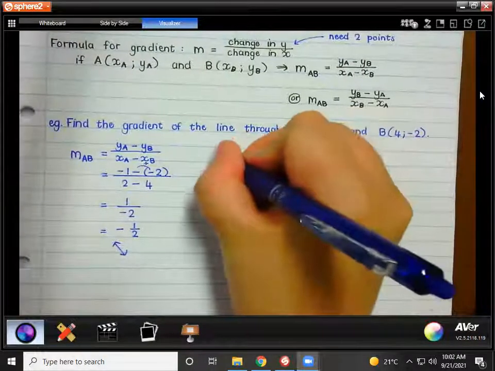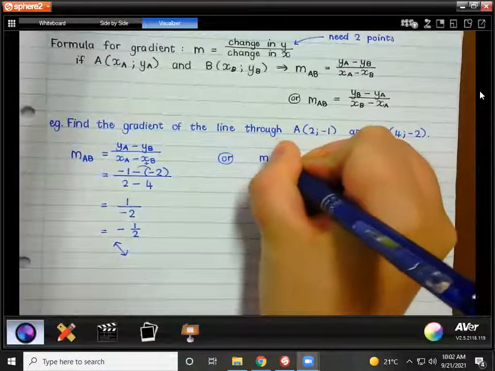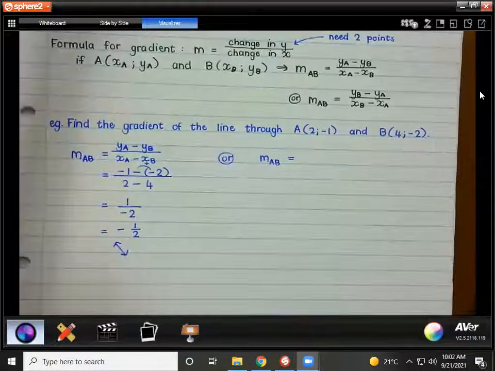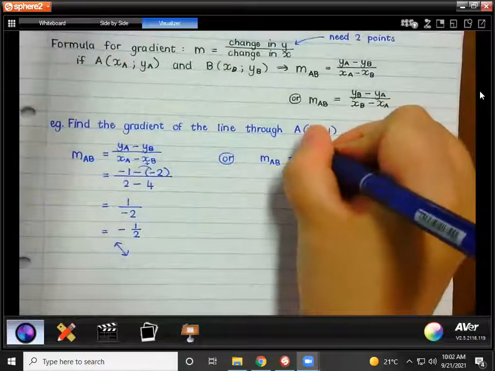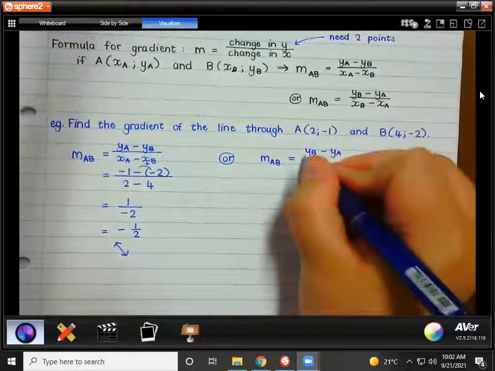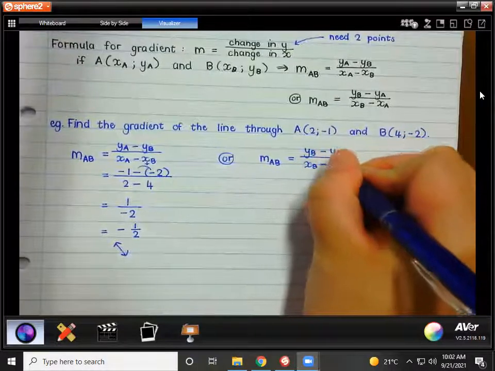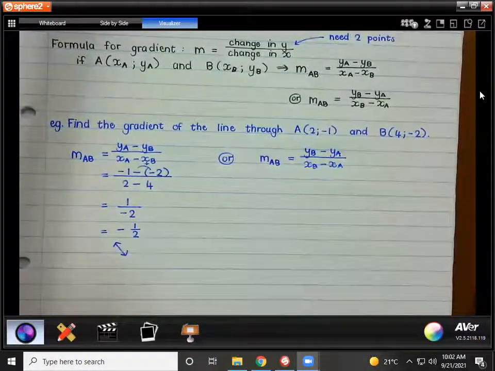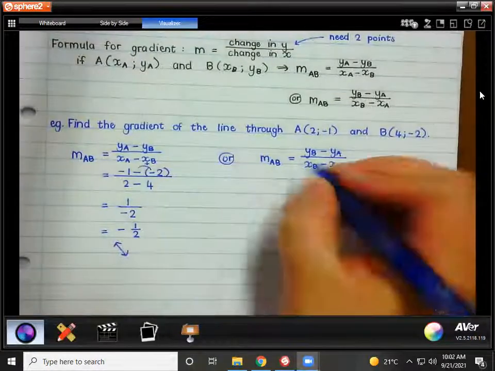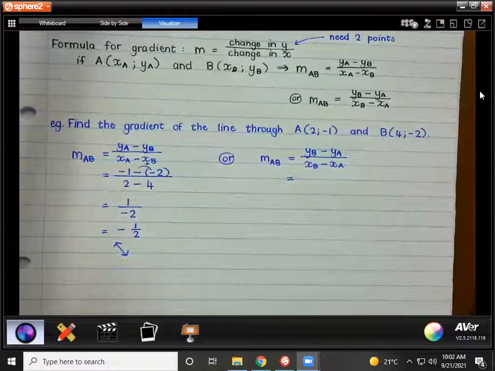Okay, or let's calculate it if we take the values of B first and then minus the values of A from those. So if we say the y value of B minus the y value of A over the x value of B minus the x value of A. What is the y value of B?